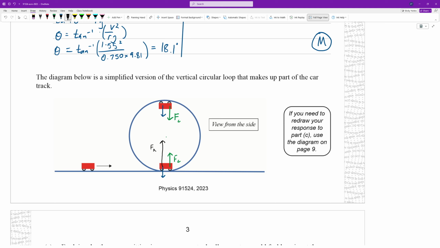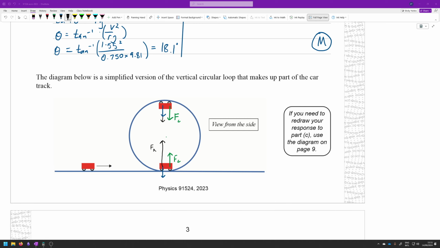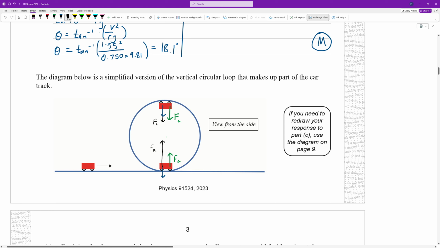Now at the top of the loop, in order to add to Fc, we only need that much of a reaction force. Notice at the bottom of the loop, the support from the track is pushing you up a lot to overcome your weight, as well as add enough for the centripetal force, whereas at the top, your weight is taking up most of the net force, so the reaction force is much less.